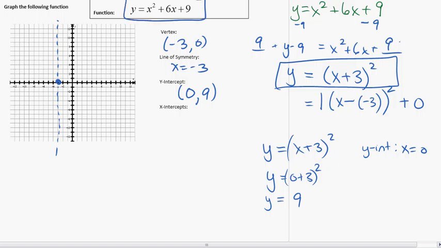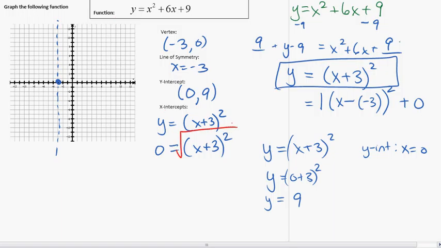You could use the quadratic formula and set y equal to 0. Or you could use your vertex form, y equals x plus 3 squared, set y equal to 0, and solve that way. Since you already have your squared quantity alone here, take the square root of both sides, and so you get 0 equals x plus 3.